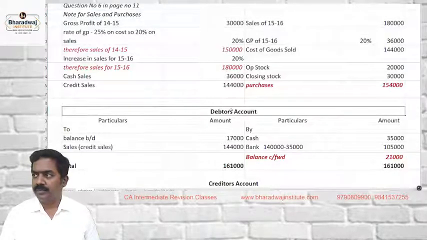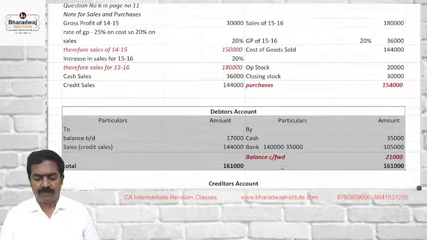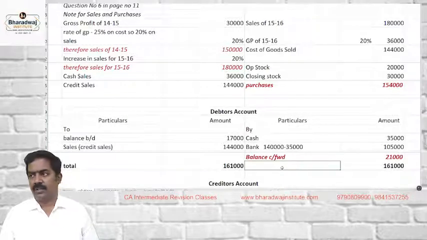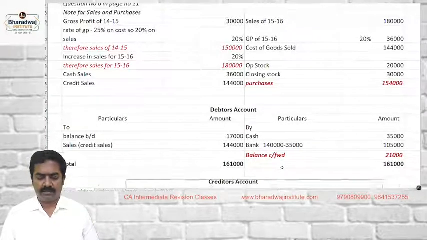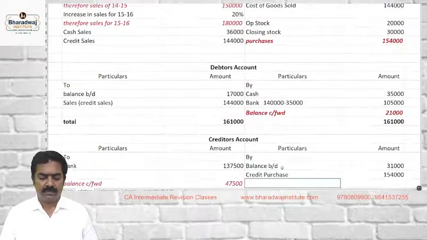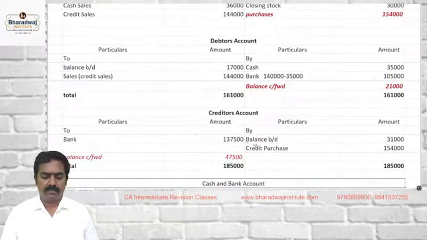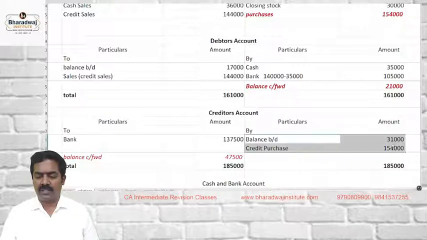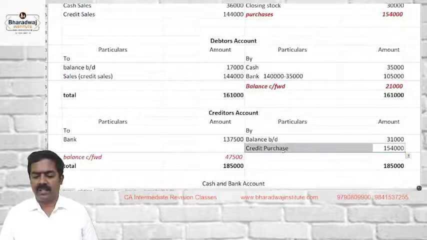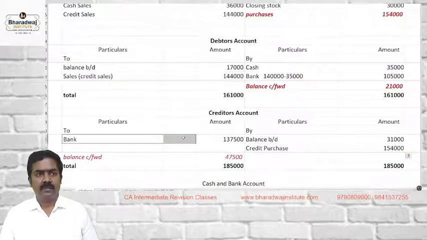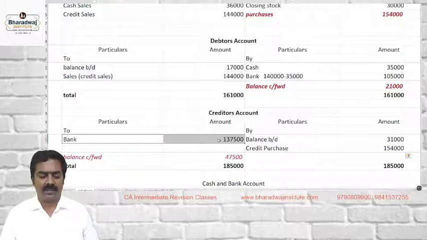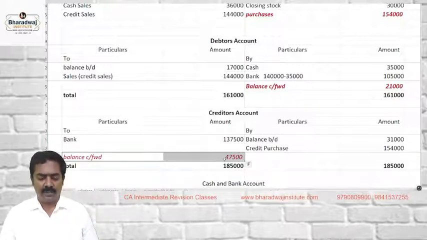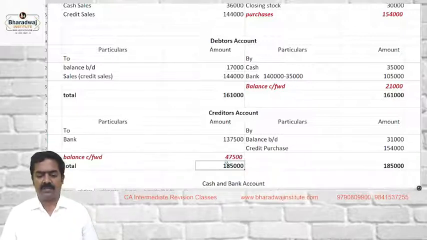Debtors account also? Creditors account. Opening balance given to us. All the purchases are on credit basis. We made a bank payment, that is 1,37,500. Then closing balance as a balancing figure we get.